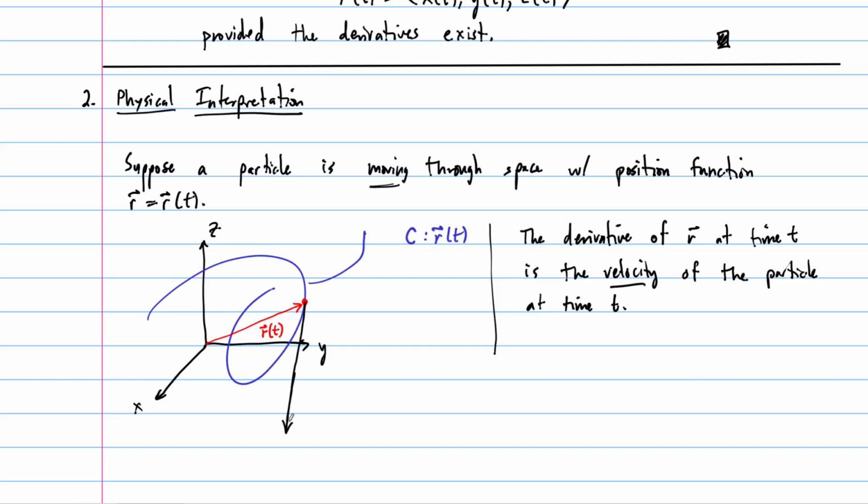This is v of t, v for velocity, but that's r dot, right? That's the derivative r dot of t. And the length of this vector, so let me change the color of this so that we can see it better. The length of this vector is the speed of the particle.